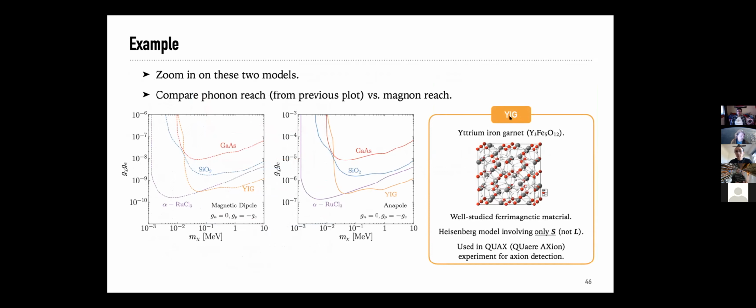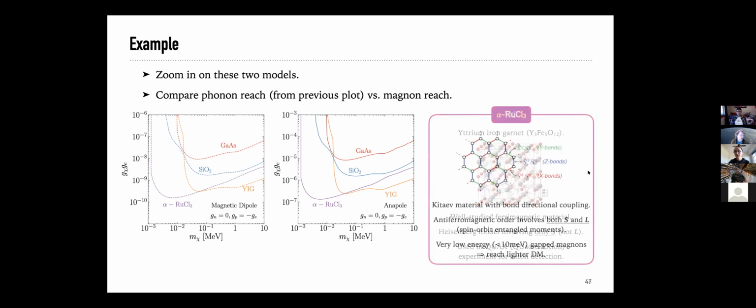First of all, we look at YIG, yttrium iron garnet, which is a very well-studied ferromagnetic material. It's described by a Heisenberg model involving the spins of the electrons, but not the orbital angular momentum. This is the target used in the QUAX experiment for axion detection. So people know how to synthesize YIG in good quality.